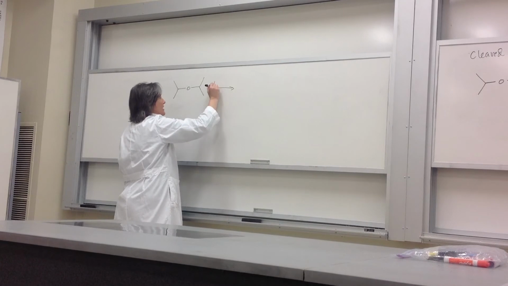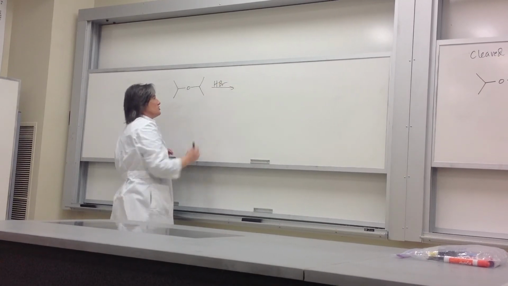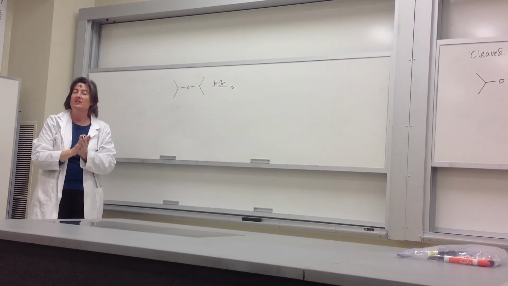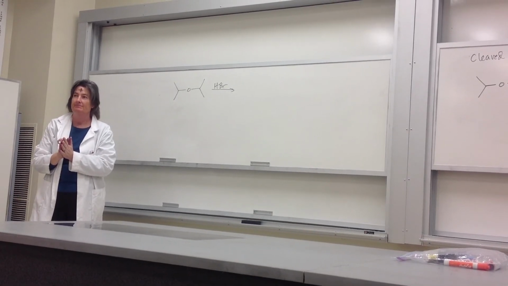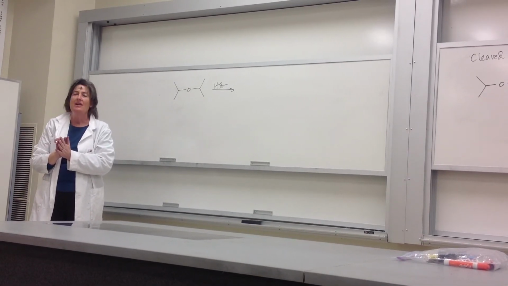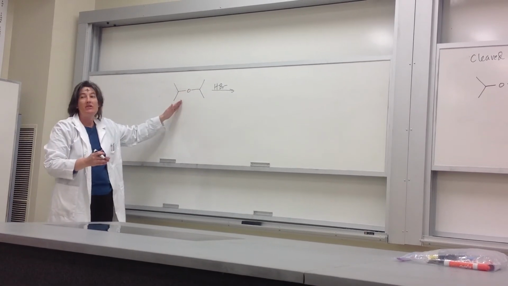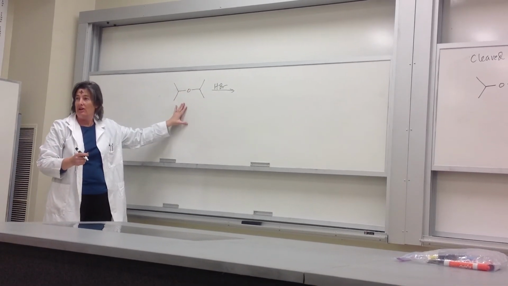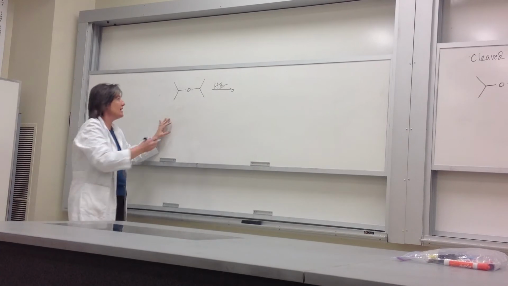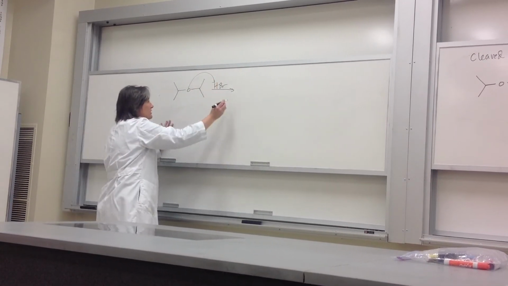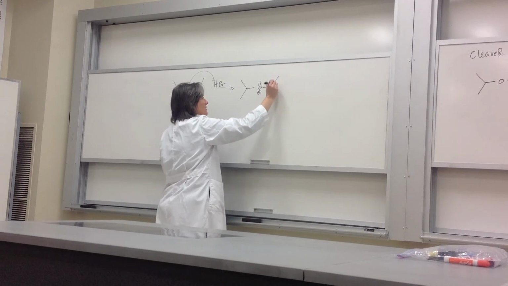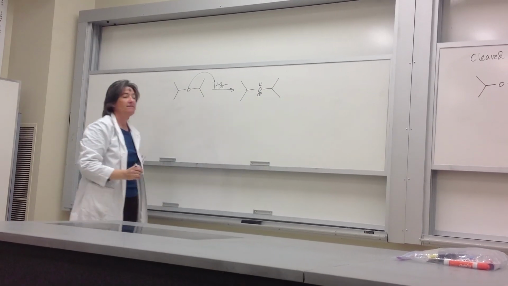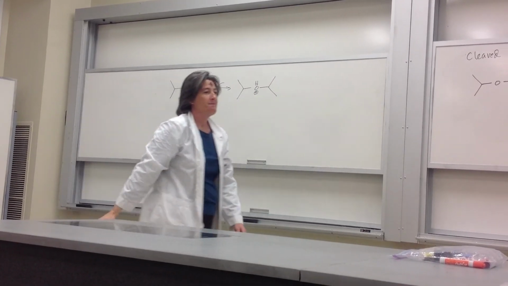All right, so I have HBr. What do you think the first step is? Protonate, yeah. One of these is becoming a leaving group, right? As it stands now, it's a terrible leaving group. So the first step, we'll protonate it, and we'll turn it into a good leaving group. Okay, there it is right there.